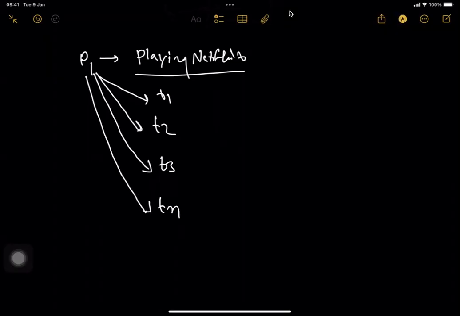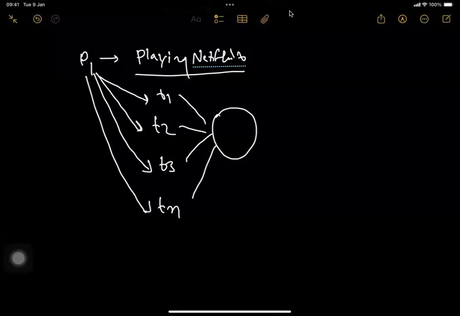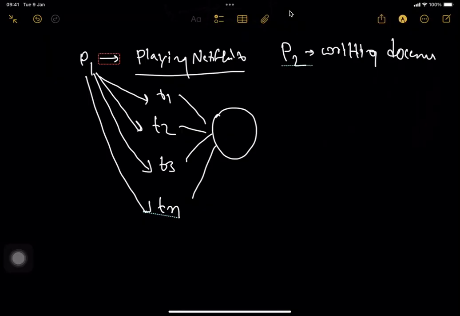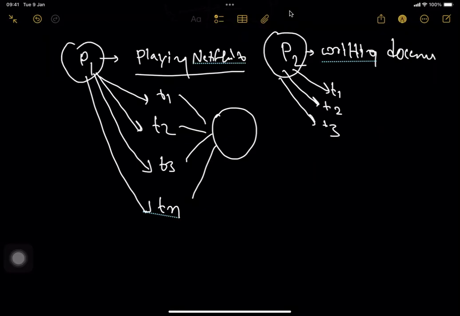Each one is doing its respective task, and at the end you are getting the result. Similarly, in one system you might have another process, P2, where you are writing a document. P2 might have 2 or 3 threads which help you write your document. These T1, T2 are kind of sub processes at application level, and P1, P2 are at system level.